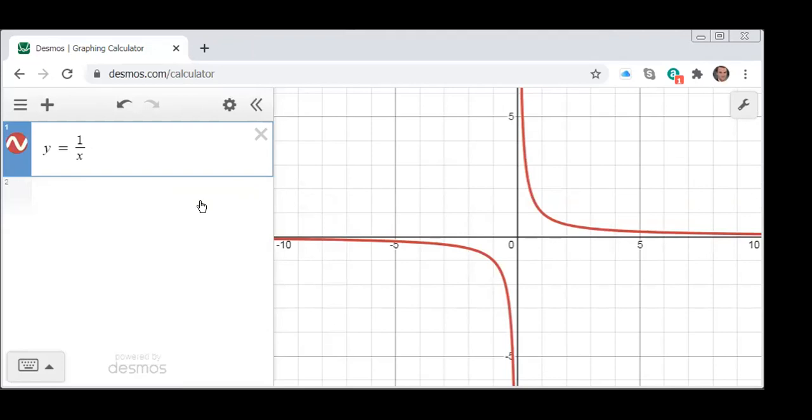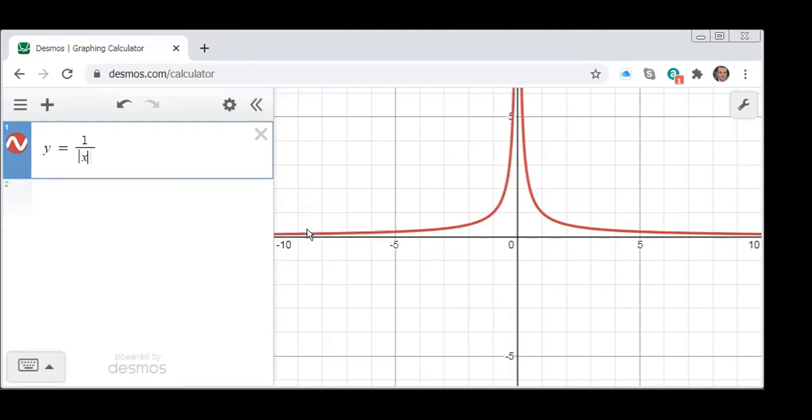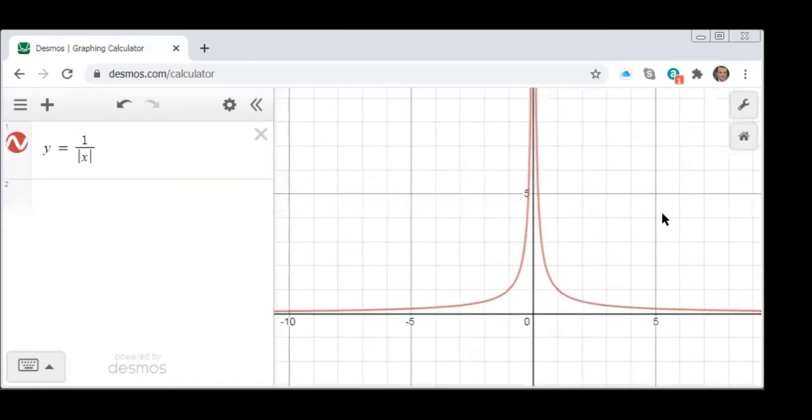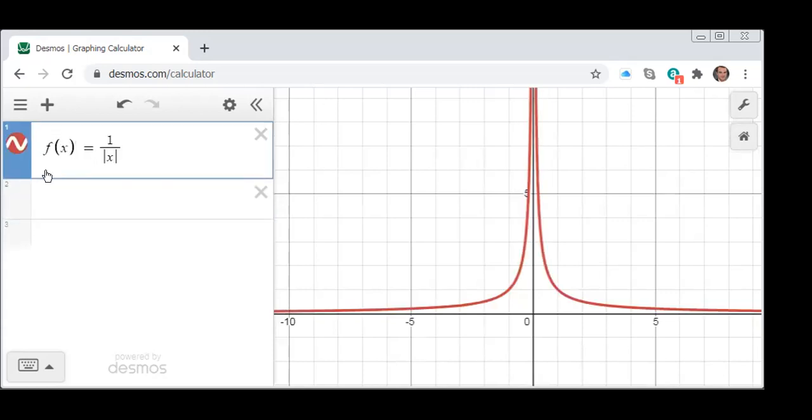So this is a function that is continuous at every point except for 0. I guess maybe I'll even do y equals absolute value of x to simplify the situation when we're first talking about it. So this is a function that's continuous at every point except 0, and I'll call this f of x.